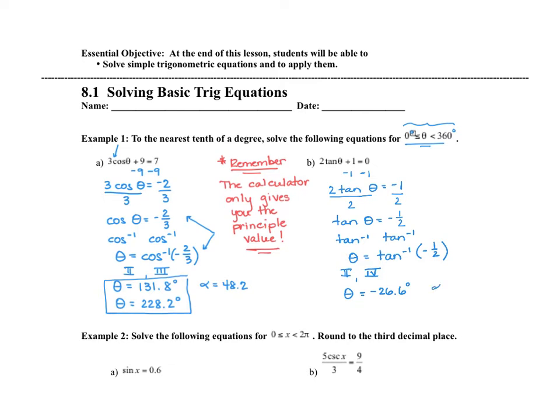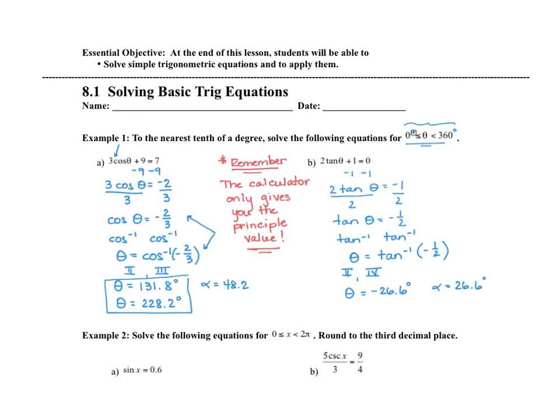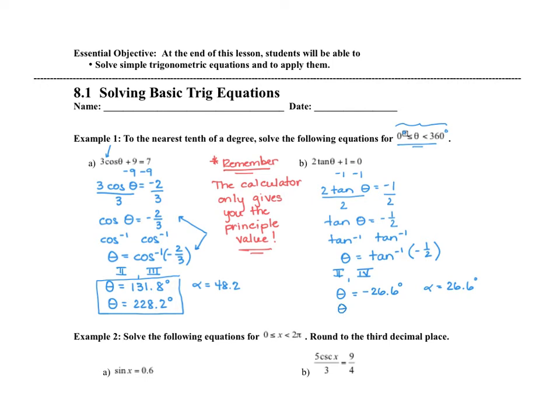That means alpha is 26.6 degrees, because if we're restricted between 0 and 360 degrees, in the second quadrant, if I subtract 26.6 from 180, one of my values will be theta equals 153.4 degrees.